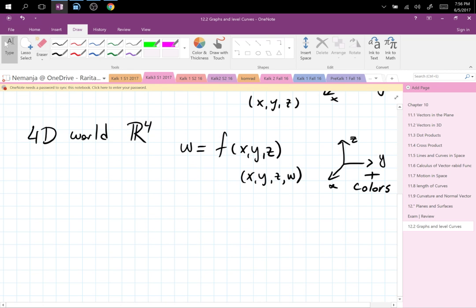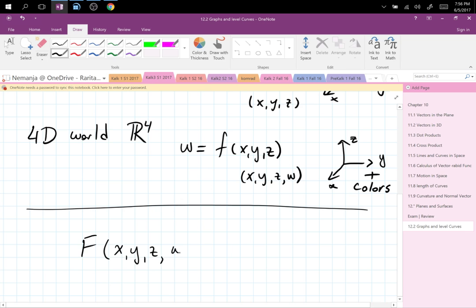So now, if I am to understand these functions, I can quickly define once and for all that I can write the function in its implicit form as f of x, y, z, w, whatever else, equals 0.